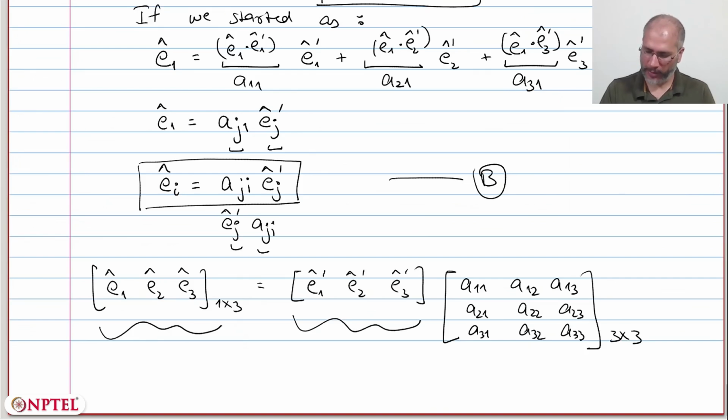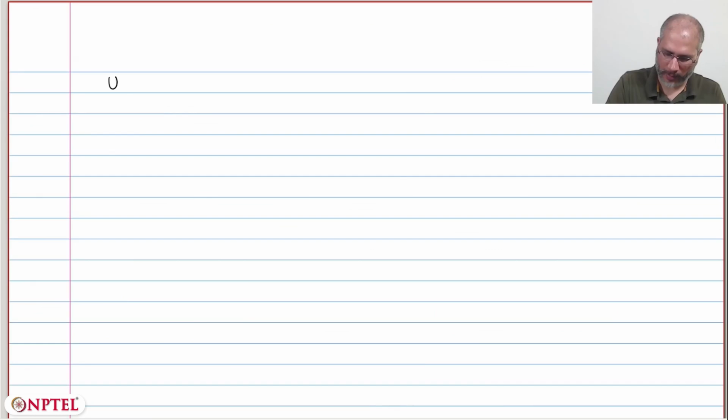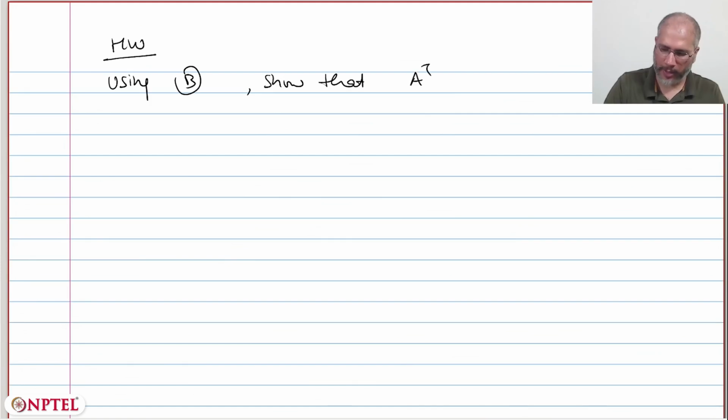In fact, using this expression B, let me give you homework. Using expression B, show that A transpose times A equals identity.